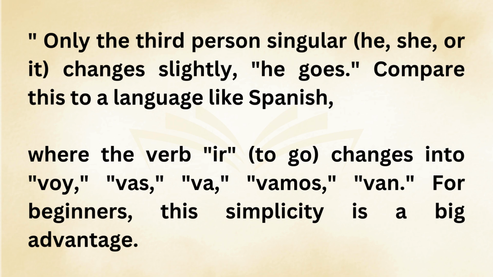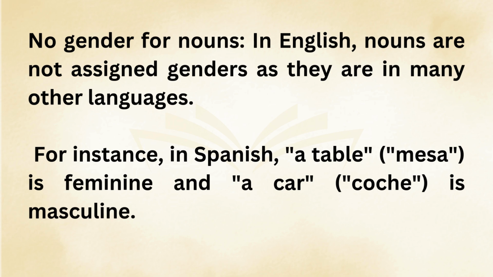Compare this to a language like Spanish, where the verb ir, to go, changes into voy, vas, va, vamos, van. For beginners, this simplicity is a big advantage. No gender for nouns. In English, nouns are not assigned genders as they are in many other languages.